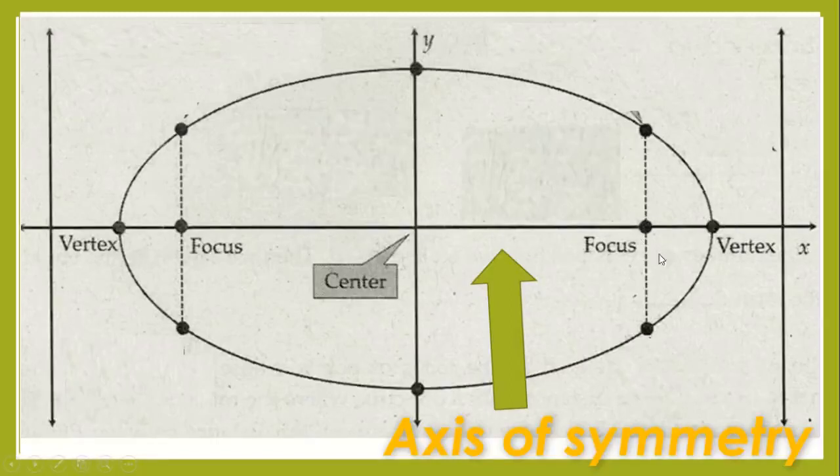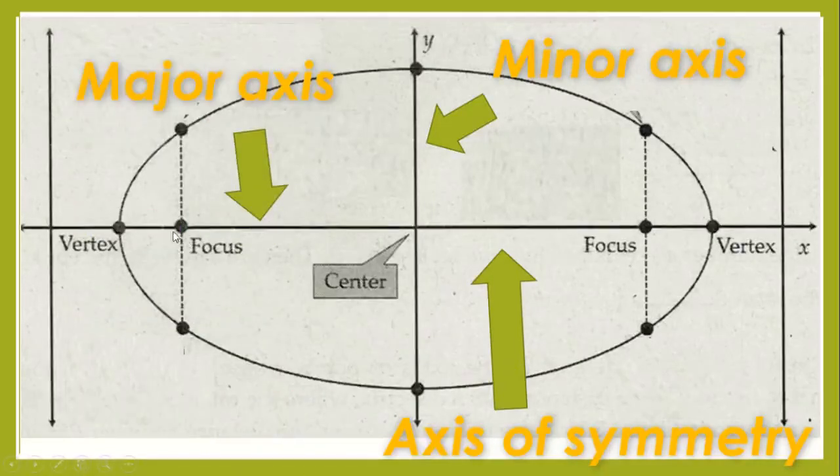At yung axis of symmetry natin, mapapansin nyo, along x-axis. Okay? Yung minor axis natin ay ito. Yan yung minor axis natin. At yung major axis natin, ito, from vertex to vertex. Yun yung major axis.